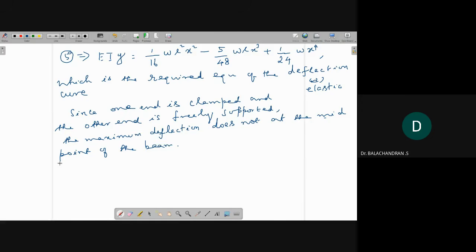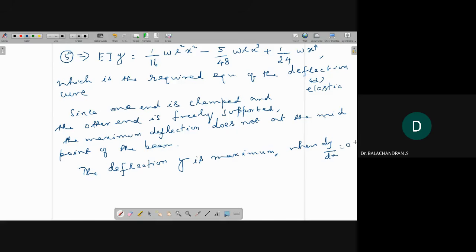So the deflection y is maximum when dy by dx is equal to 0. Okay.